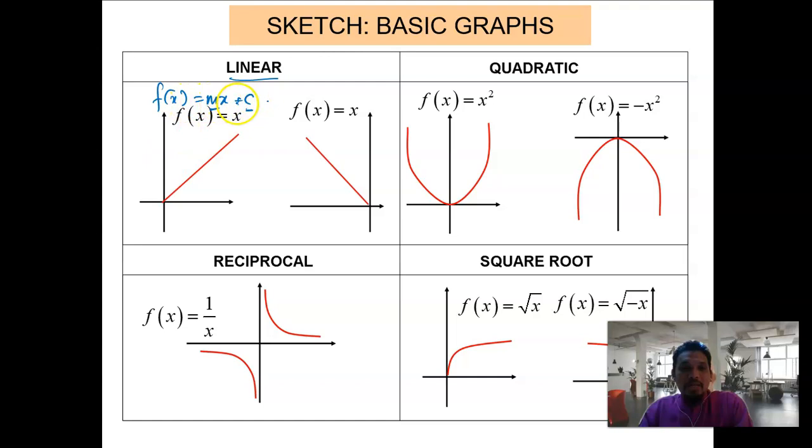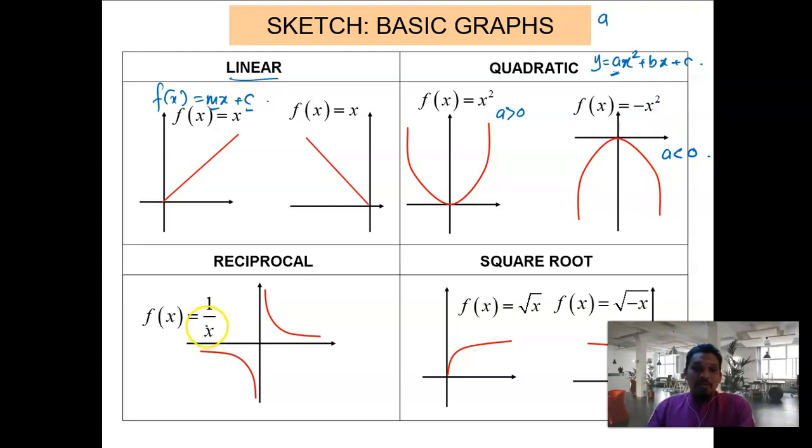So y equals mx plus c. For quadratic, the basic function is y equals ax squared plus bx plus c. To determine whether its graph is a smile graph or a sad graph depends on the value of a, whether a is greater than 0 or less than 0.